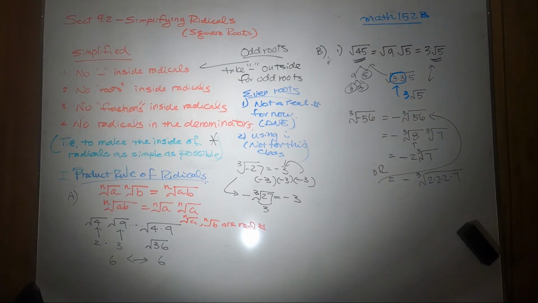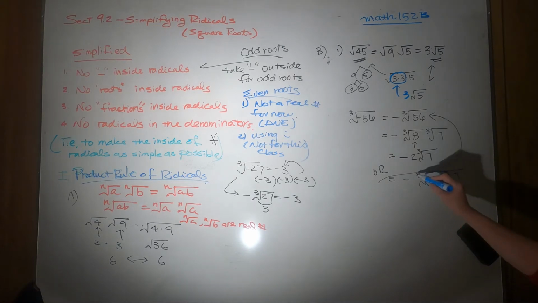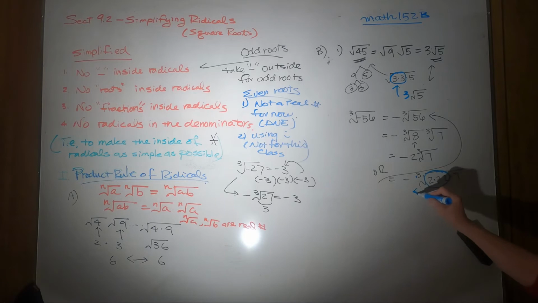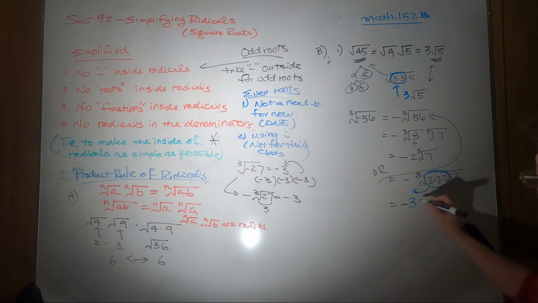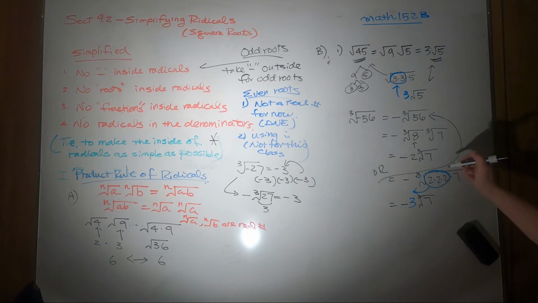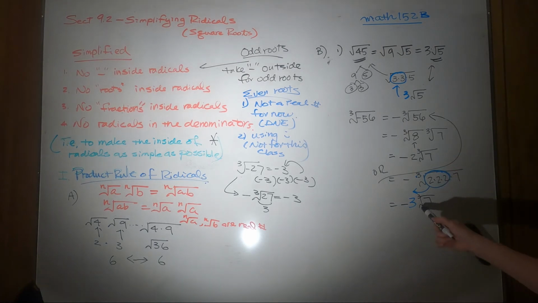Then cube roots we are talking about is finding the root of cubes. So for any cube, you show the root, then take it outside, and that would be 2. So that would be negative 2 cube root of 7. End up the same.